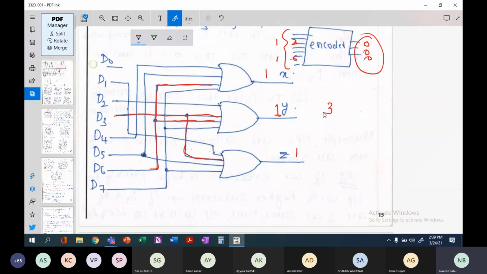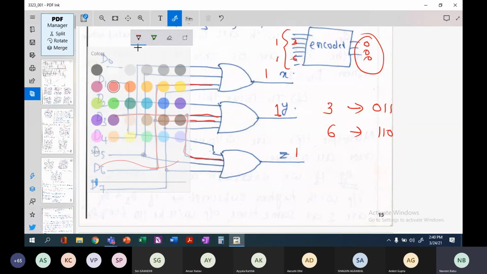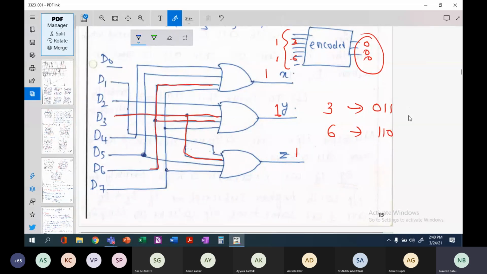If 3 is my input, the output I desire is 0, 1, 1. If 6 is the input, I would like 1, 1, 0 as my output. But the output you are getting here is 1, 1, 1, which corresponds neither to 3 nor to 6.